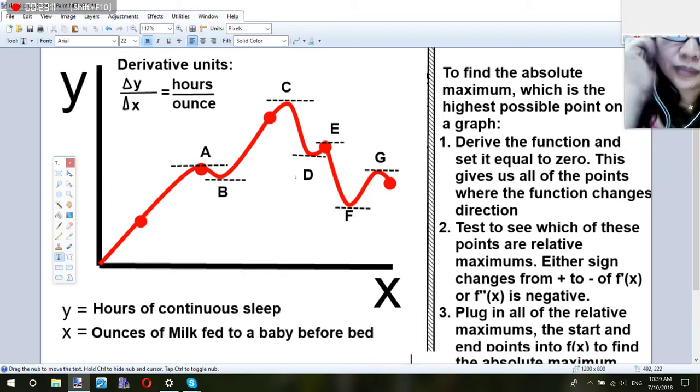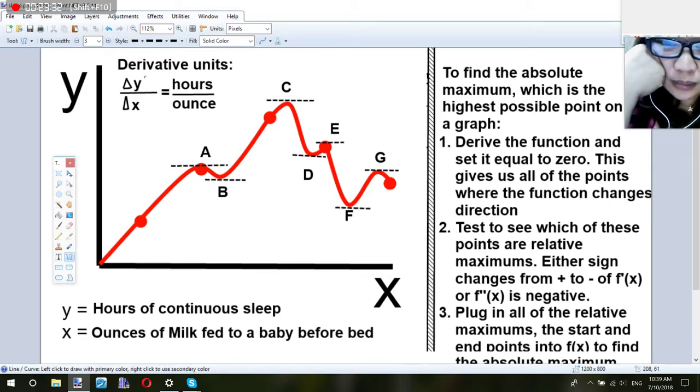Then I'm going to plug in all of the relative maximums we found, which is a, c, and e, into my original function. And that will tell me what is the y value at a, at c, and at e. Okay. I'm also going to plug in my start point and end point, because it's possible that my function does something crazy like this.